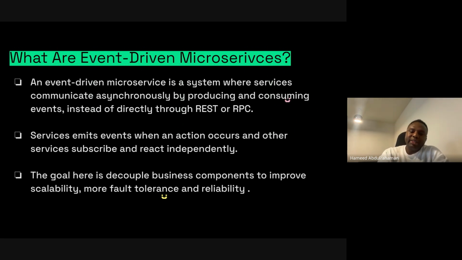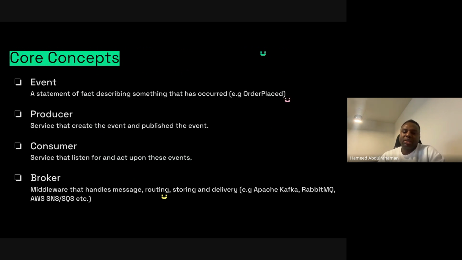Today we'll dive in depth into the core concepts. What are the core concepts of event-driven microservices? First is the event itself. An event is a statement of fact describing something that has occurred. For instance, imagine an e-commerce system. You come into the system, glance at the products, see the various services they offer, and click, okay, I want this, and place the order.